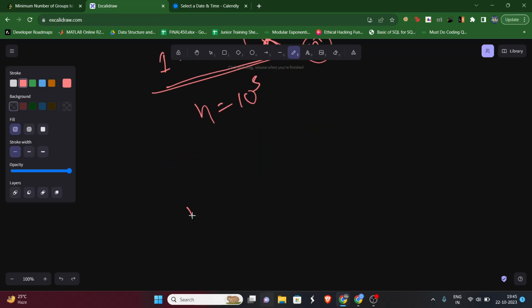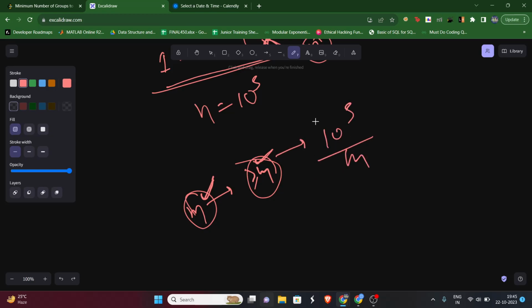If we are taking m, that means all the other groups will have size greater than or equal to m, right? Then the total number of groups will be at most 10 to the power 5 divided by m, right? And in total we will run a loop from 1 to m.